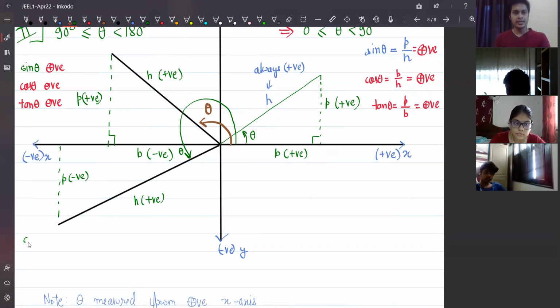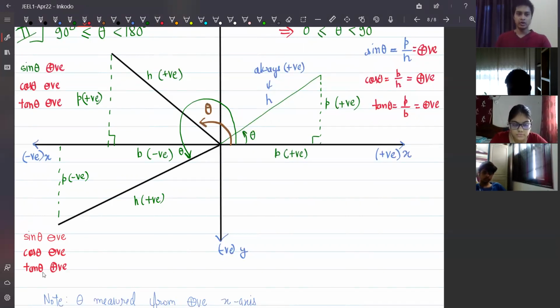Vaishnavi, tell me the value of sine theta. Is it positive or negative? Negative. What about cos theta? Negative. Tan theta? Tan theta is perpendicular upon base. Yes, positive. Good.